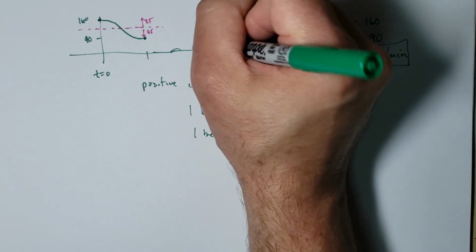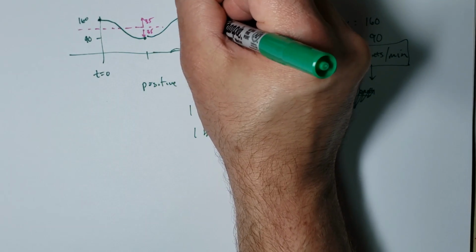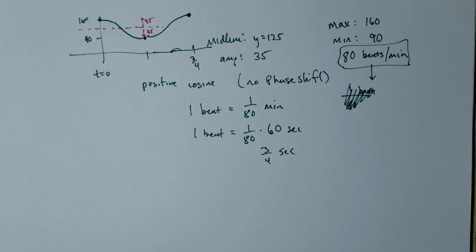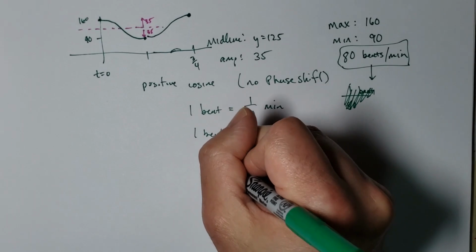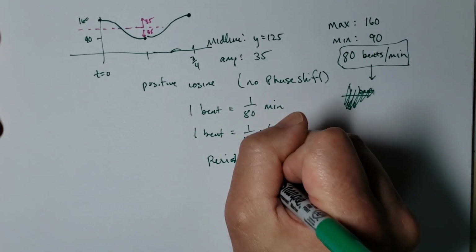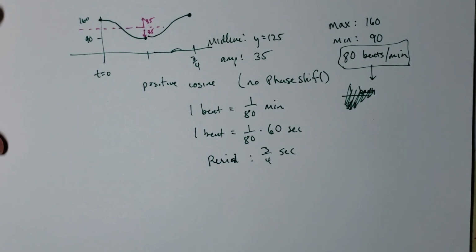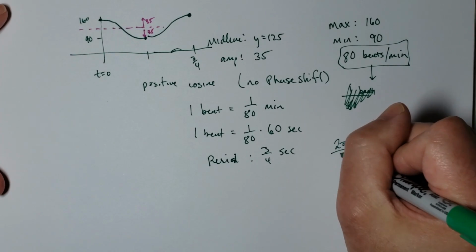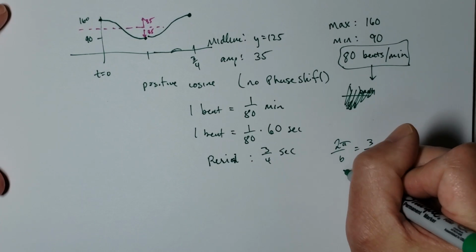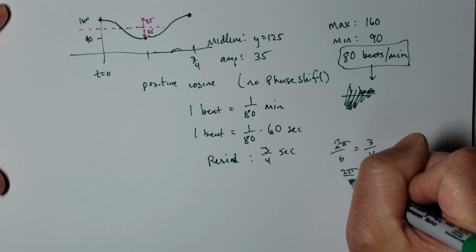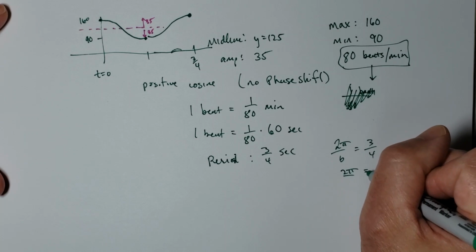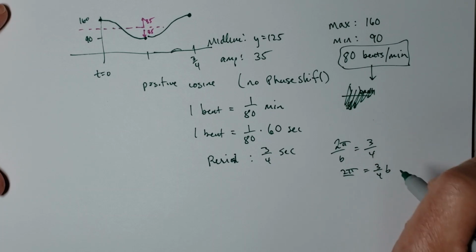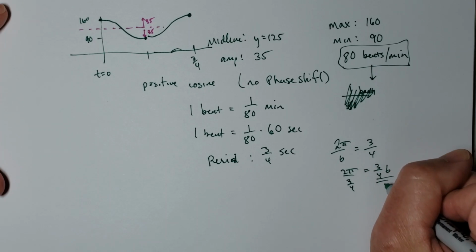If I extend this back up to a maximum, that's going to be 3/4. So the period here is 3/4 of a second. Okay, so 2 pi over b equals 3/4. Multiply both sides by b, and divide both sides by 3/4.